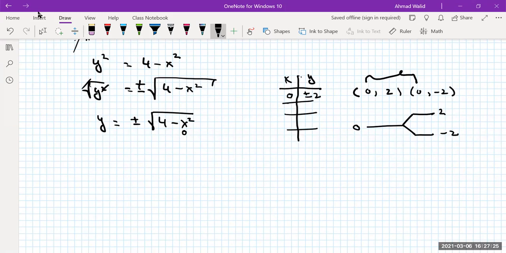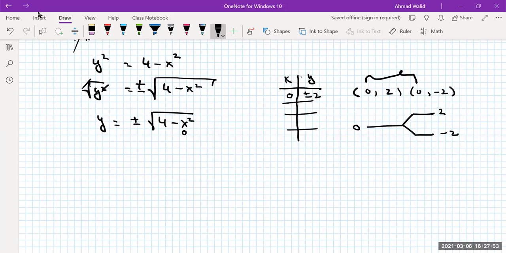This was all about how to understand that a given relation represents a function, or how to determine a given relation is a function, or if they give you an equation in two variables, how to determine that the given equation is a function.